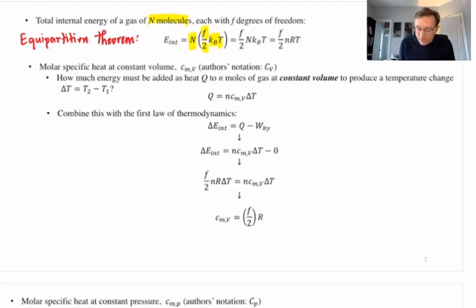So here's the way we would often write it. F over 2, capital N, kB, T. T is the absolute temperature in Kelvin.